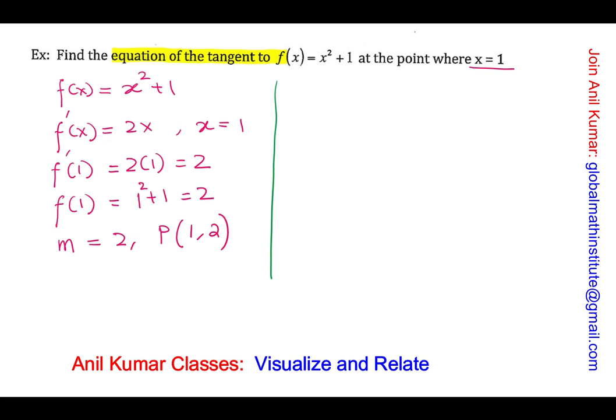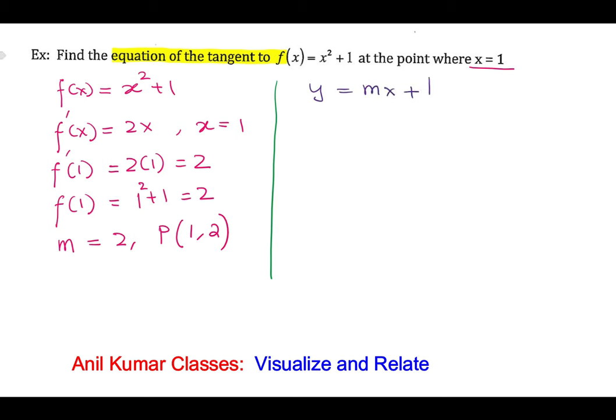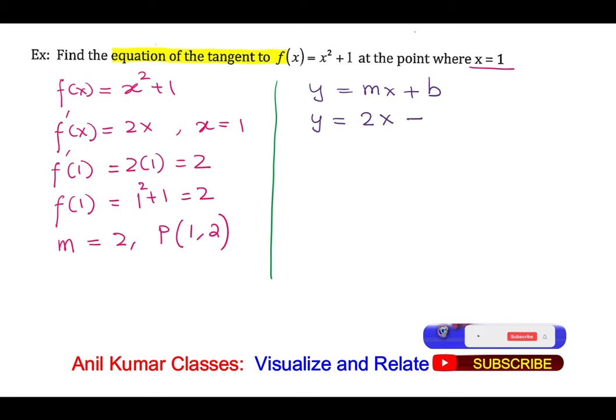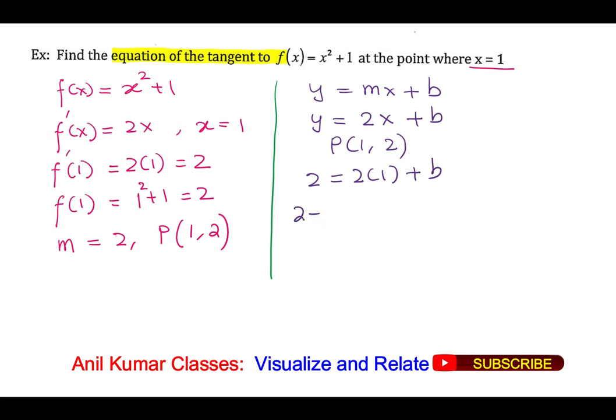Now, some of you will like to write down the equation in slope intercept form. Let's do that. So y equals mx plus b. So in this case, we know that the slope is 2, so it is 2x plus b. To find the value of b, we are going to use the point 1, 2, right? So y value being 2, so 2 times 1 plus b. So 2 minus 2 equals b, which is 0.